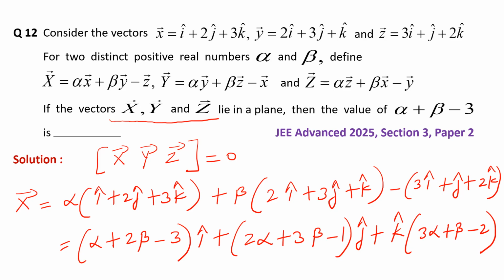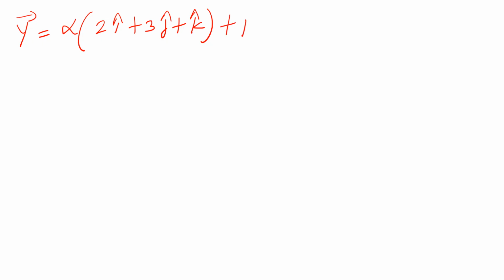Now students, capital Y vector is equal to alpha y plus beta z minus x. So it becomes alpha into (2i + 3j + k) plus beta into (3i + j + 2k) minus (i + 2j + 3k).